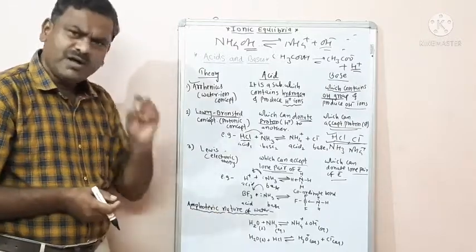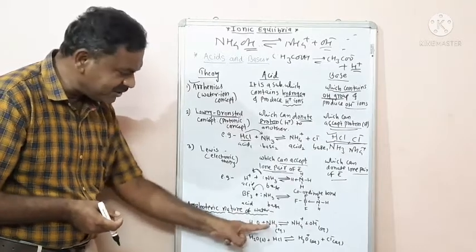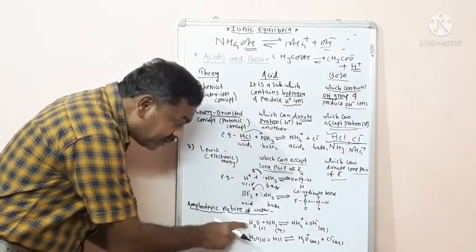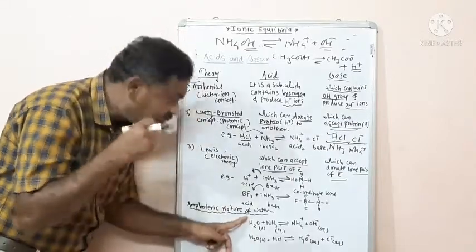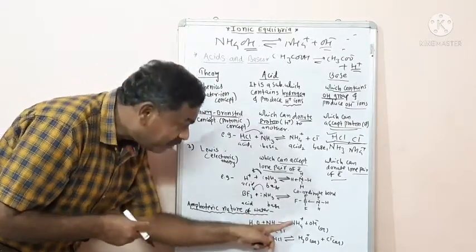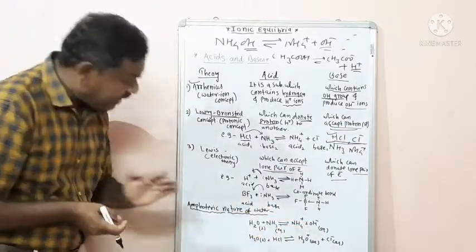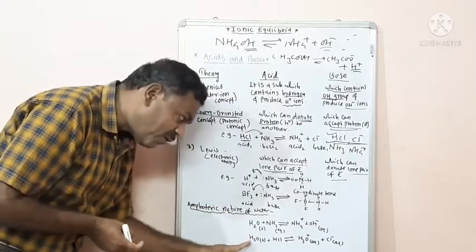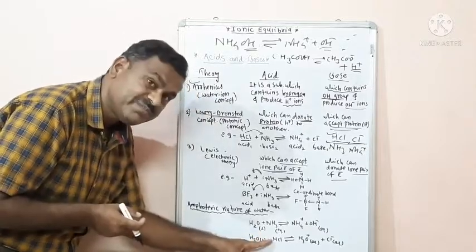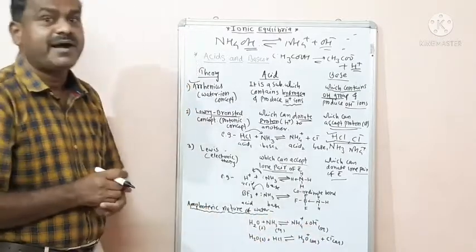In these two examples, water combines once with a base and once with an acid. Water donates one proton to ammonia, forming ammonium ions and OH minus ions. In the other example, water accepts one proton from HCl, forming H3O plus and Cl minus ions.